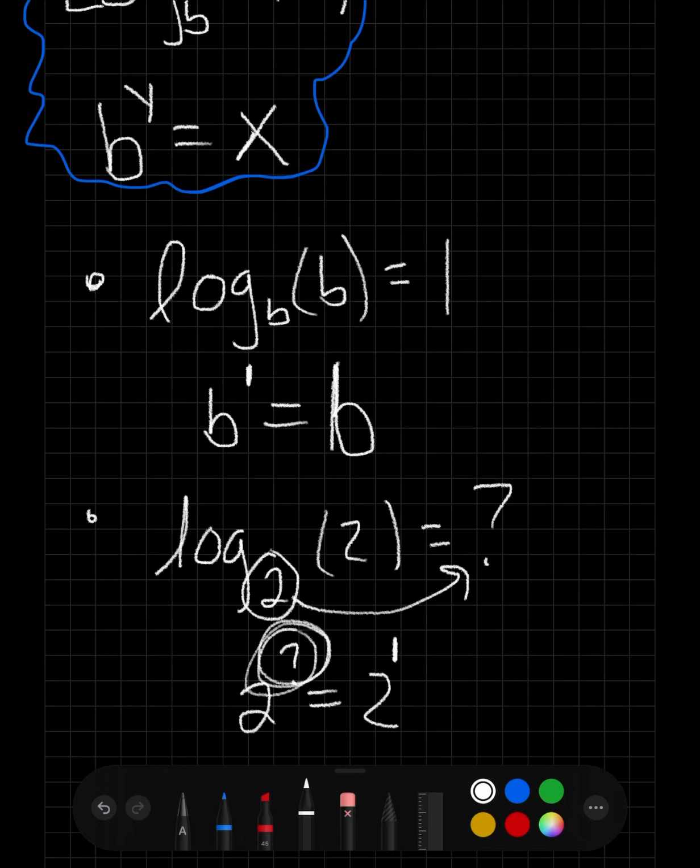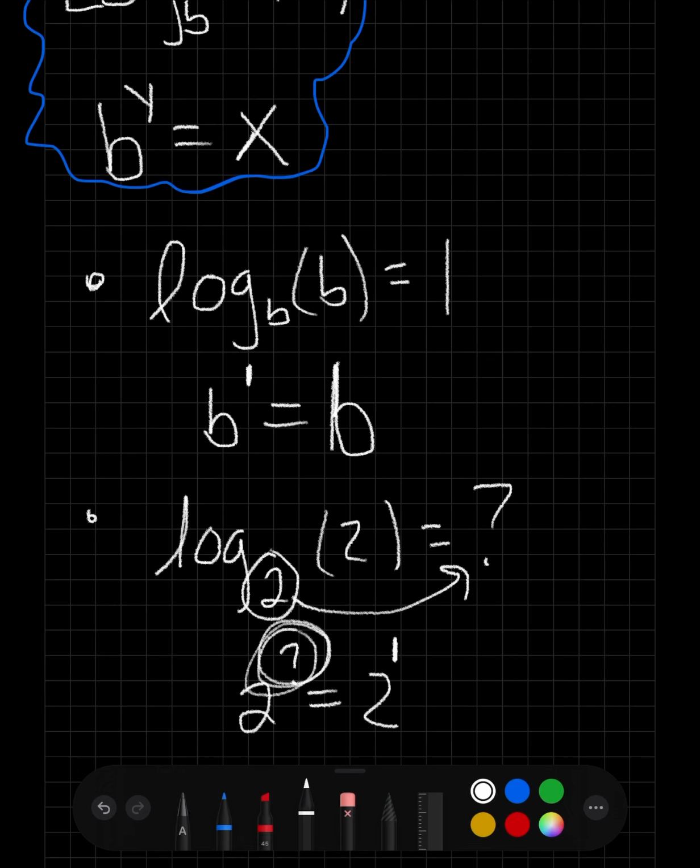So we're going to use these two to actually solve our nice little example that we were left with before. If I have 2 to the x is equal to 13, I'm going to take the log with a base of 2 of each side of the equation. And so what I'm left with here is log base 2 of 2 to the x power is equal to log base 2 of 13.